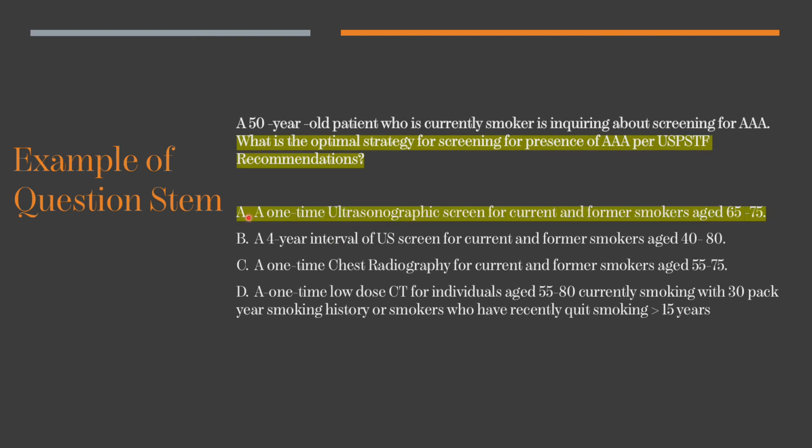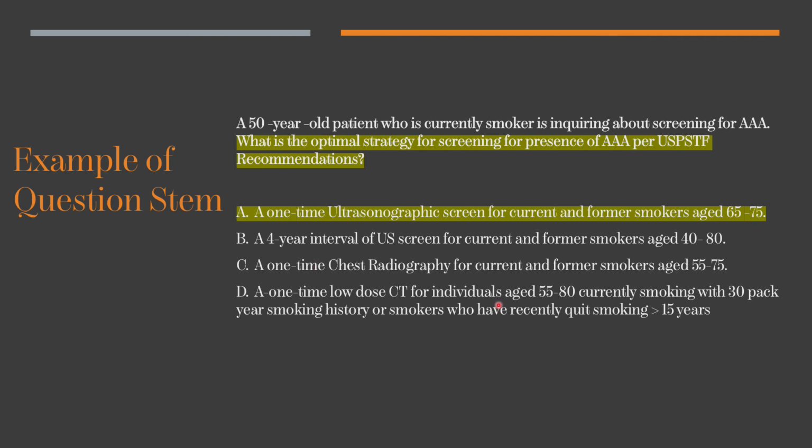Answer A is the right answer choice. Why is A the right answer choice? Because it has a grade B recommendation and it is evidentially sound. To be able to answer this question, this is a question stem, you must know the USPSTF screening recommendations and commit them to memory.